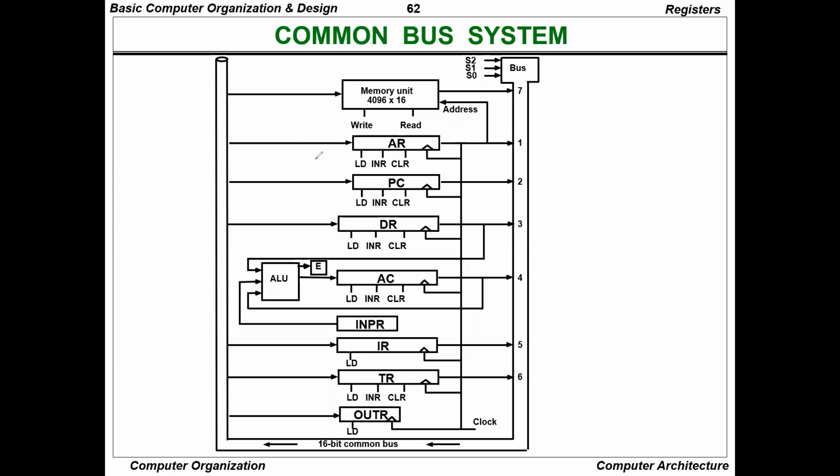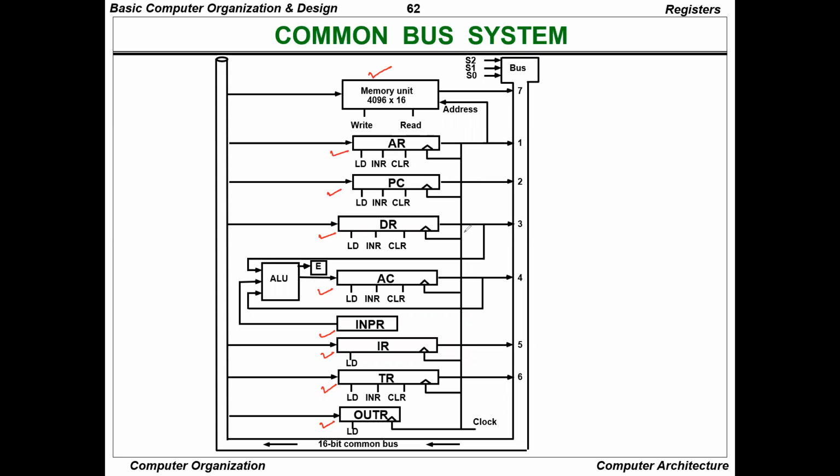You can see all the registers that have been mentioned at the back, that is address register, program counter, data register, accumulator, input register, instruction register, temporary register, and output register. So all these registers have been mentioned in here. And besides that, your memory is mentioned.